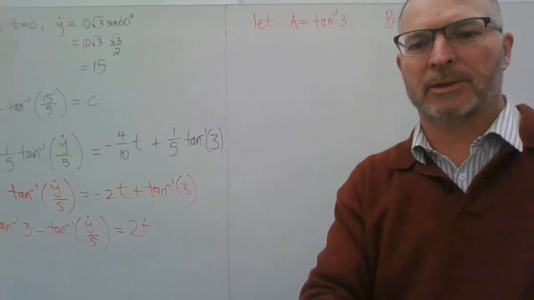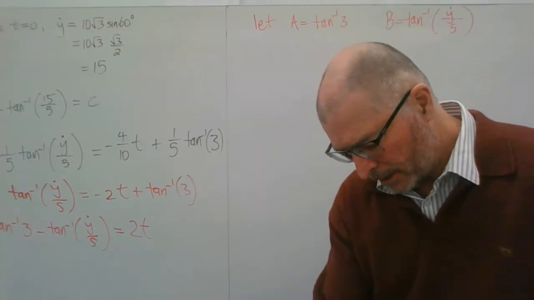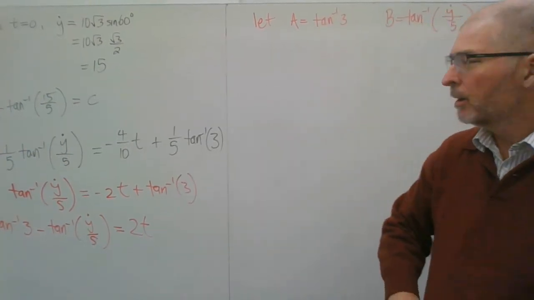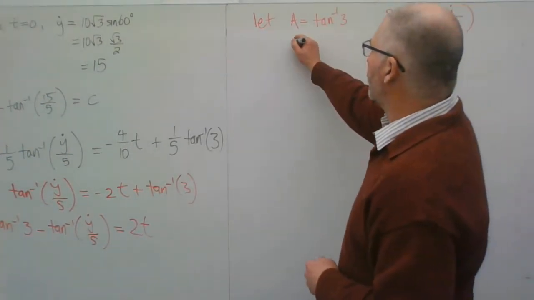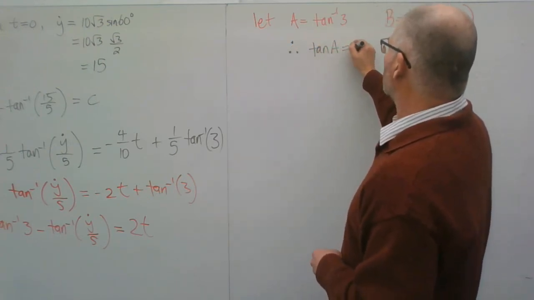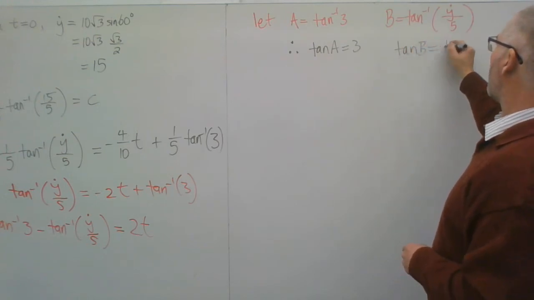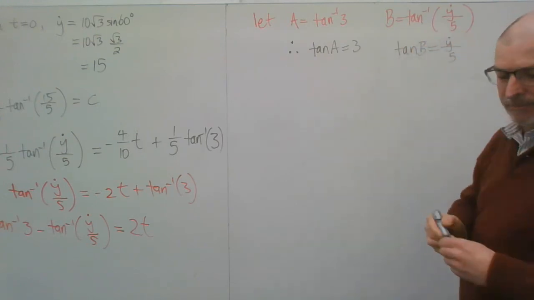Just make sure you can see that there. All right, so therefore, tan of A equals 3 and tan of B equals y dot on 5.